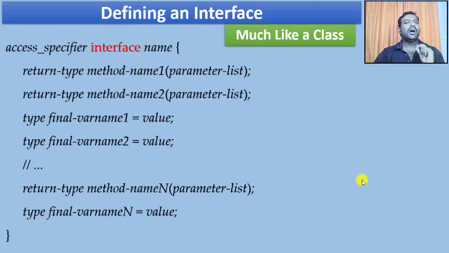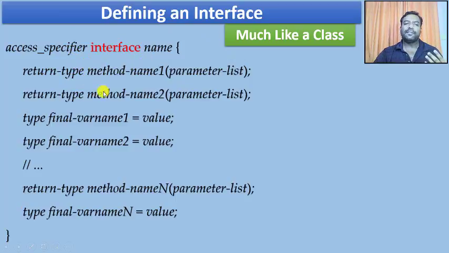So now we'll just see how exactly we are going to define an interface. We are going to have a new keyword called interface. Using the keyword interface, we are going to give the name for the interface, and while giving the name, we are going to specify what the access specifier is going to be, whether it's going to be a public interface, a default interface, or private or protected.